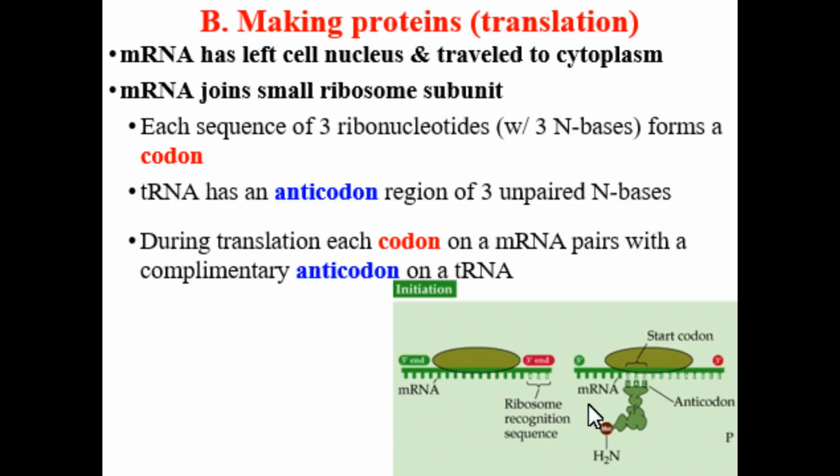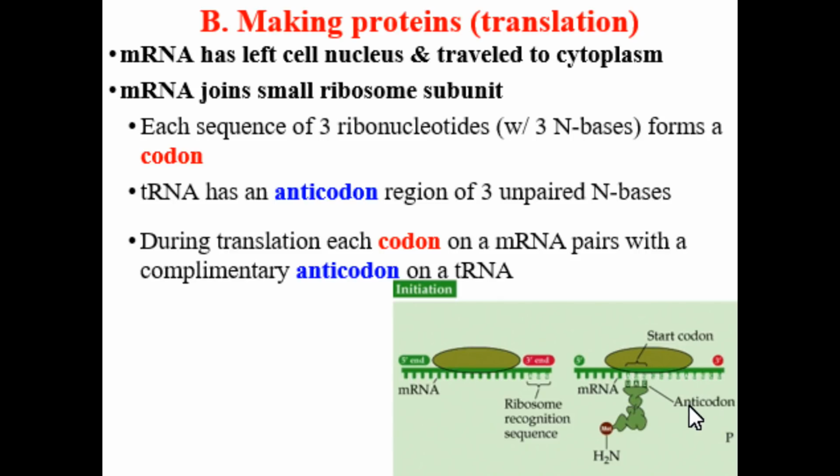So there's a codon in the messenger RNA. There's an anticodon in the transfer RNA. Those bases match up in their pairs, AU, GC, CG, UA.